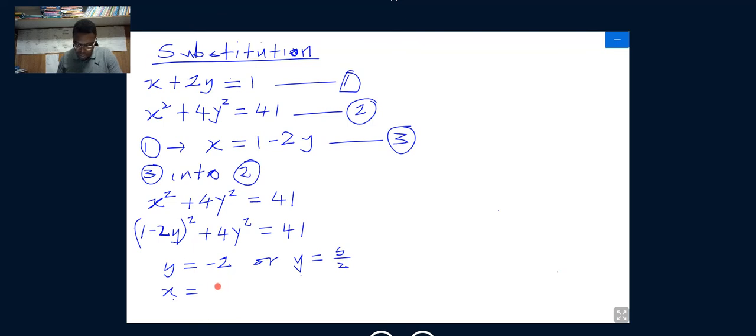You are going to get x equals 5, or you're going to get x equal to -4.